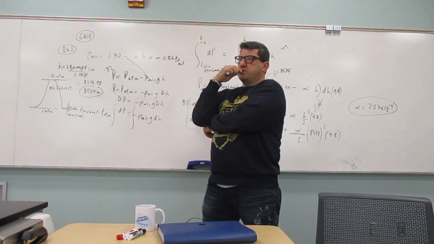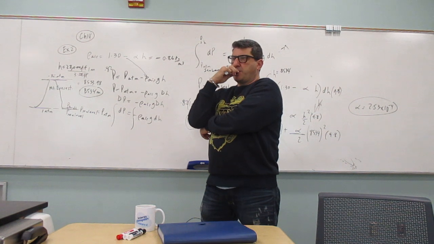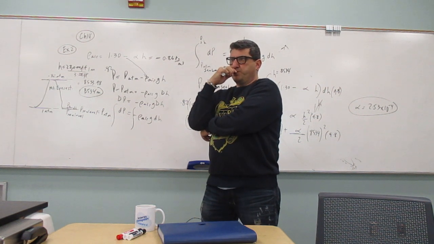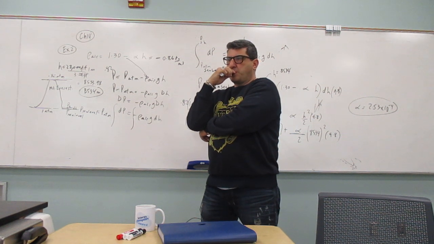When you plug it into that function, rho is changing, right? You get a value for the rho, and you get a value for the H. That's why I use that function too.